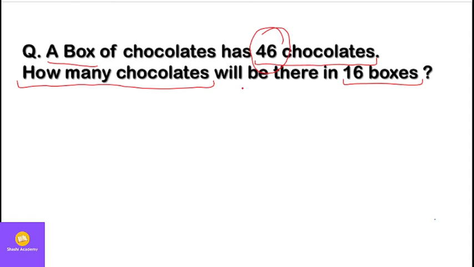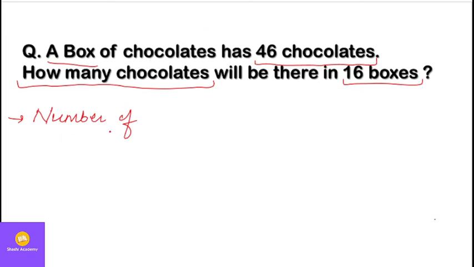So when it is representing a number, we will start our statement with "number of", and rest of the statement you have to take from the question itself. You don't have to write any other words, you just have to take the rest of the statement from the question itself.